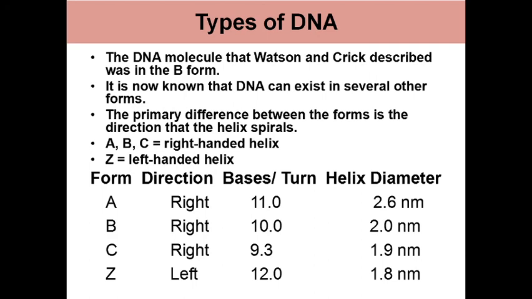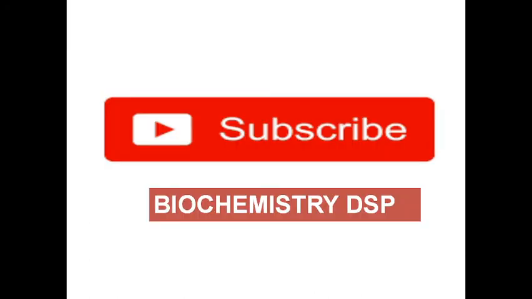Then one more form is the circular DNA. Circular DNA exists in microorganisms like bacteria and bacteriophages, and in eukaryotic cells, chloroplasts and mitochondria also have circular DNA. So these are the basic structures of DNA.